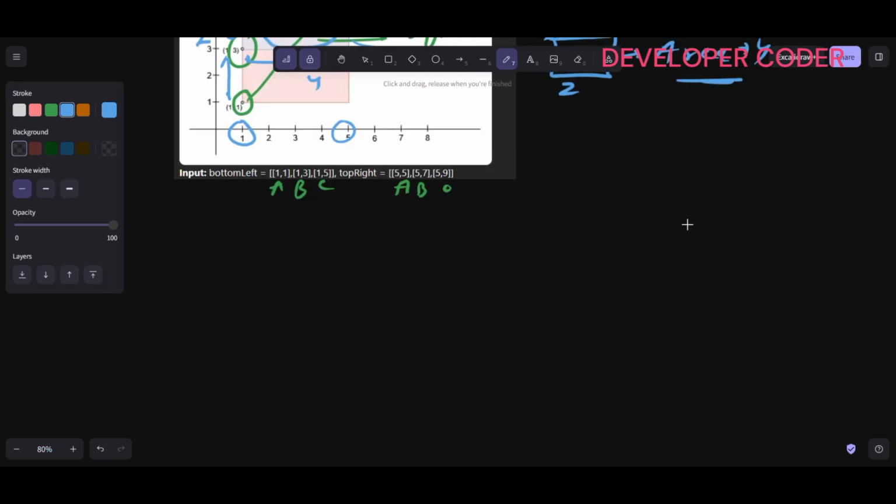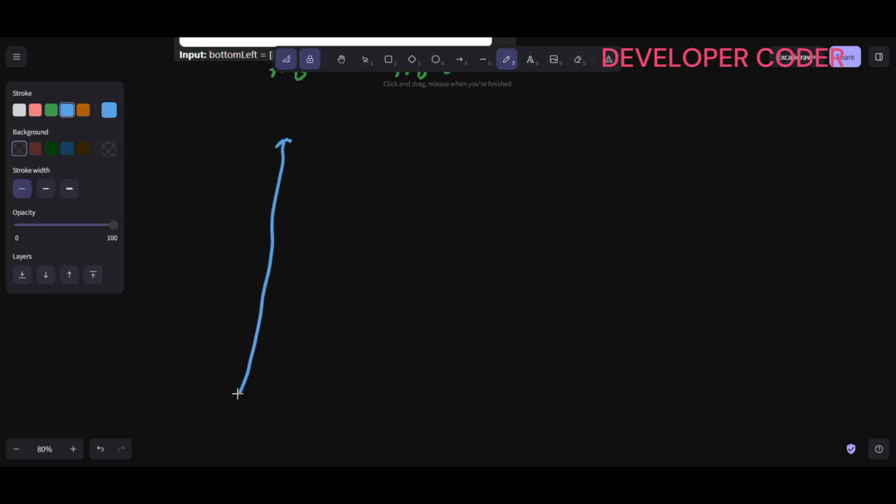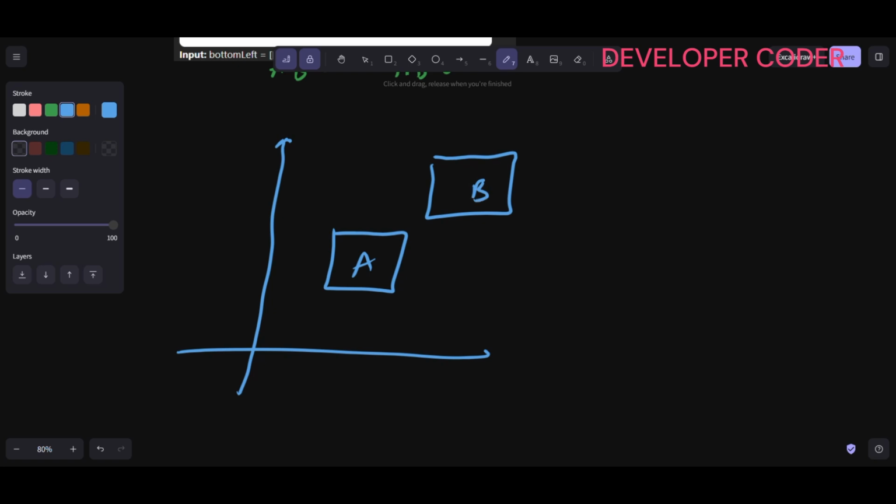We can pick two squares. Let's say this is one square and this is another, square A and square B. I'm going to give the points of squares A and B like this: square A bottom left x, square A bottom left y, square A top right x, square A top right y.